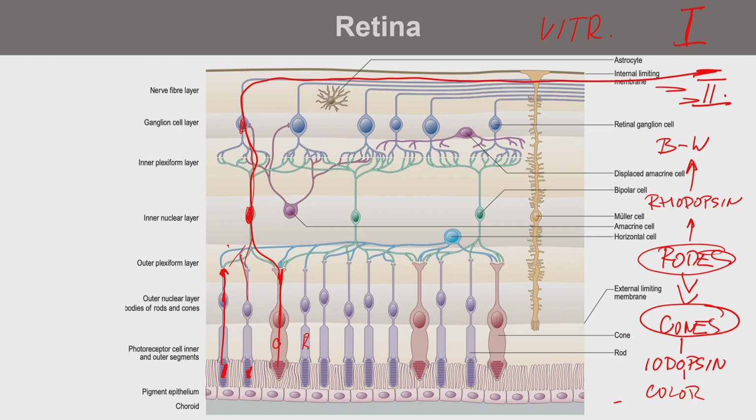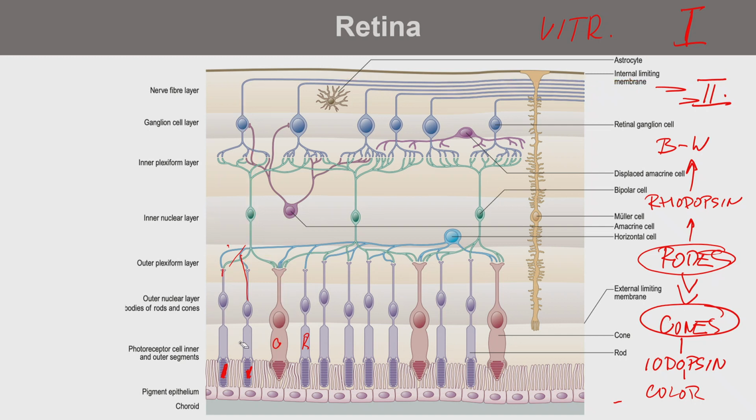So please remember, in general we can say from one cone we have one bipolar neuron, and this bipolar neuron transmits the discrete information to the ganglion cell. But from multiple rods, one ganglion cell takes information.